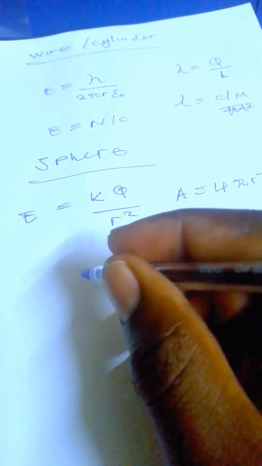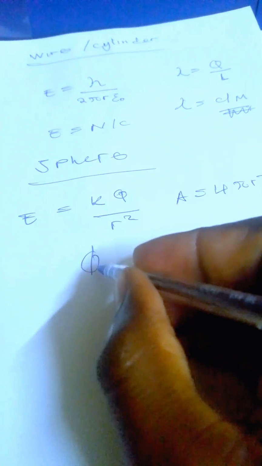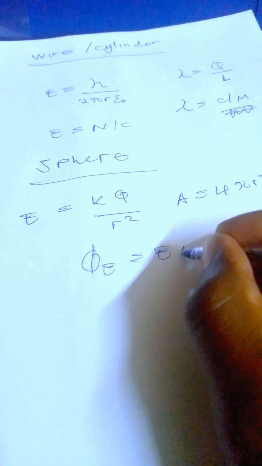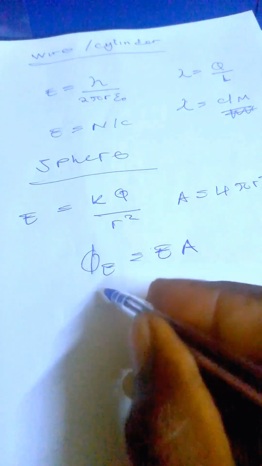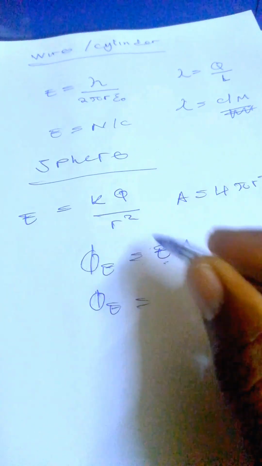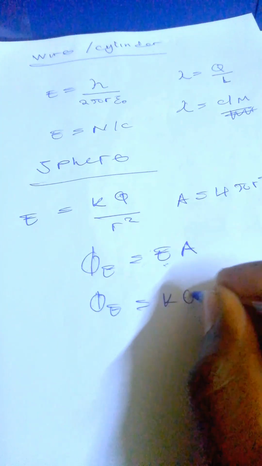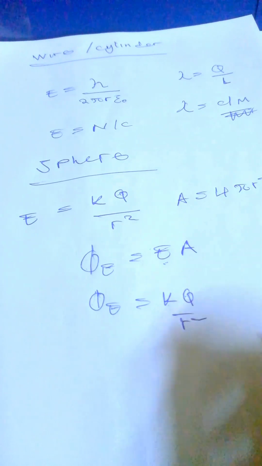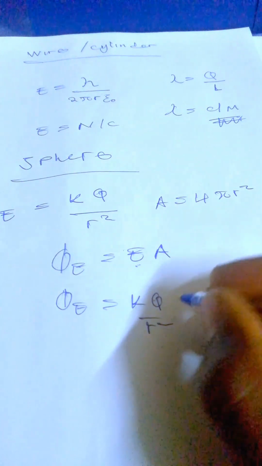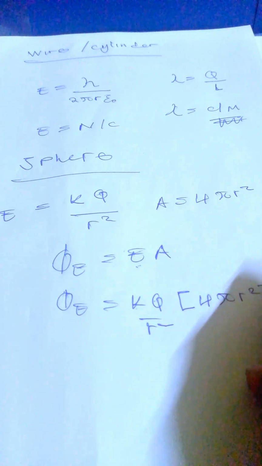So we said electric flux, phi E, is equal to the electric field times the area. Here, if I say what's the electric field of a sphere, I'll replace it with kq over r squared. Then what's the area? You replace the area, which is 4 pi r squared.